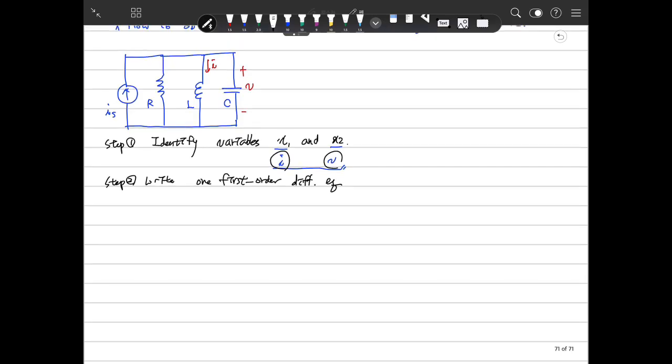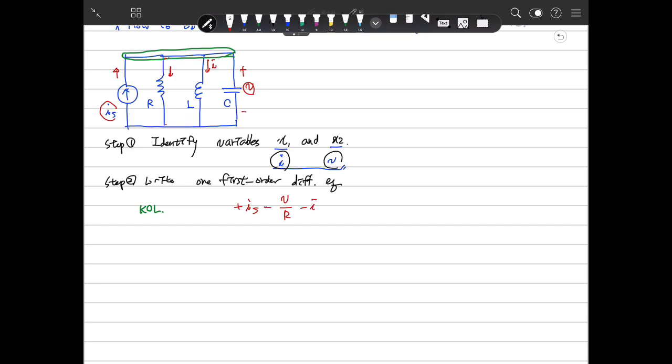I think we can use this node here and apply the KCL. Because this current goes up here, it is plus I_S, and because this voltage is V, this current will be V divided by R, but the direction is out of the node, so it is minus.